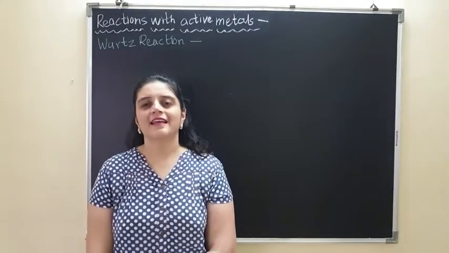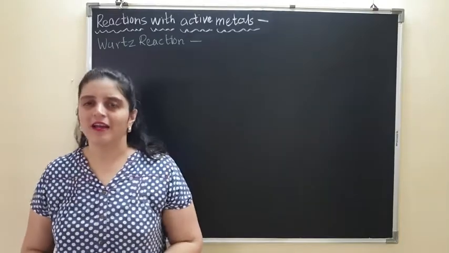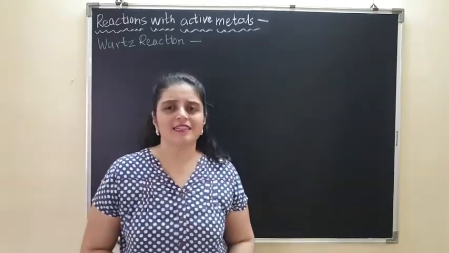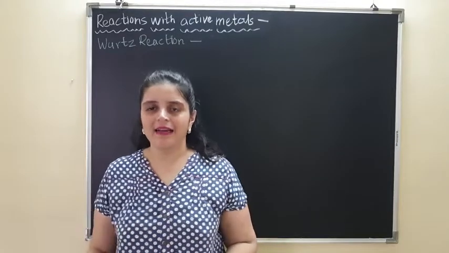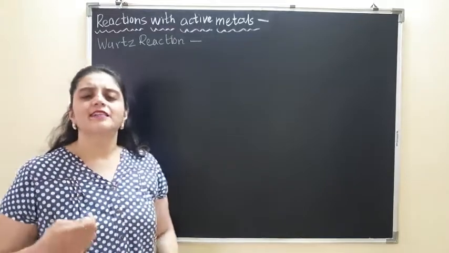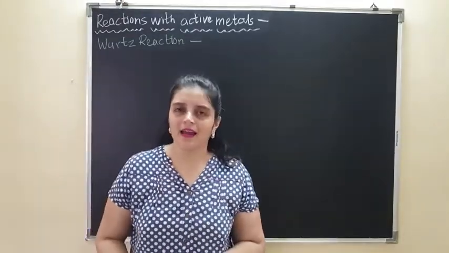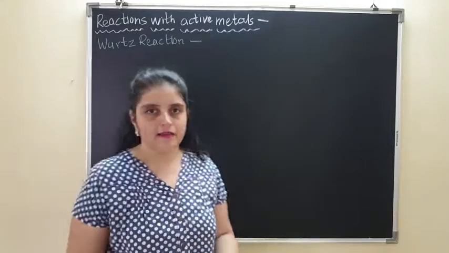In the next example of the Wurtz reaction, we will take a mixture of alkyl halides. As of now, we have just taken the same alkyl halides, but now we will take a mixture of alkyl halides. So let us represent one of the alkyl halides as RX and another alkyl halide as R'X. Okay.